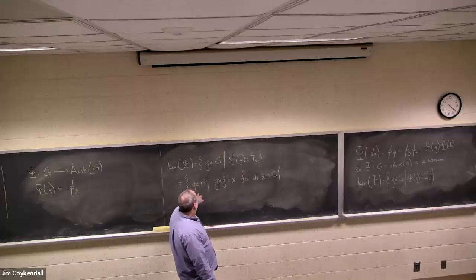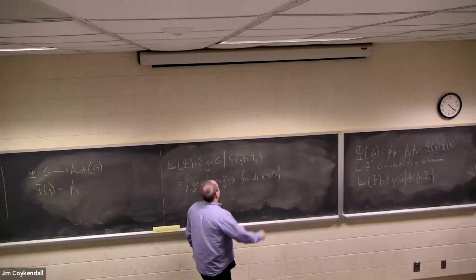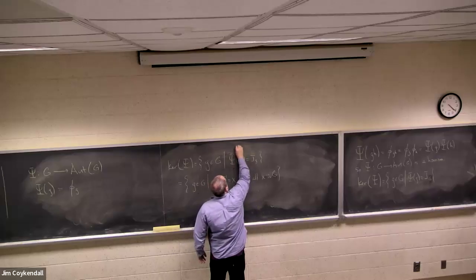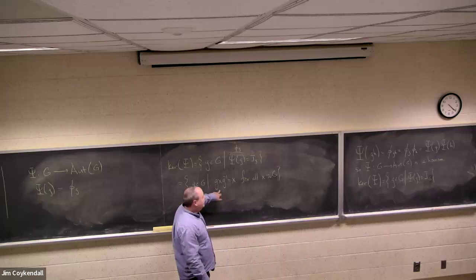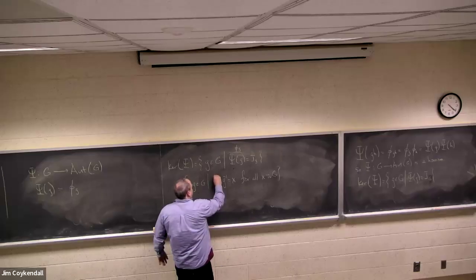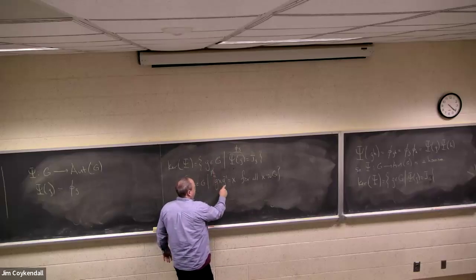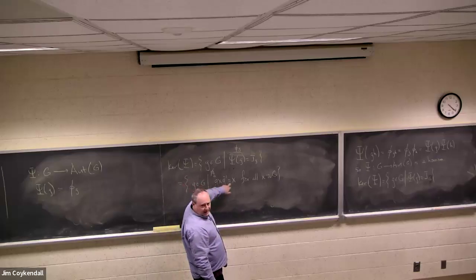So pitchfork g is actually this thing, which is conjugation by g. So it's the set of every g in G such that this is phi g. This has to be the identity function, so this has to always be x.